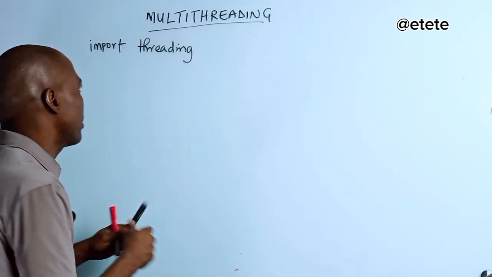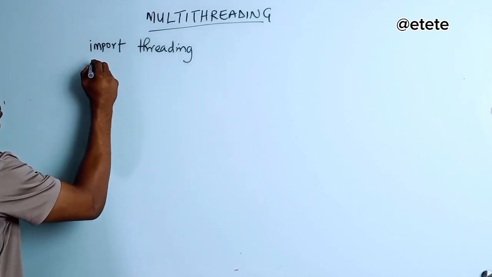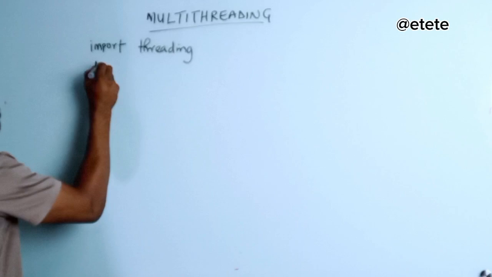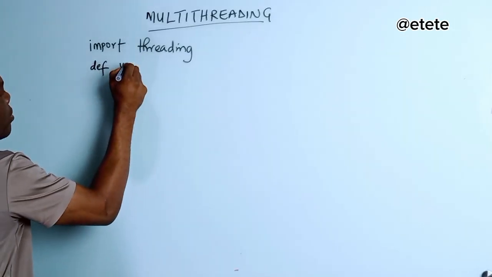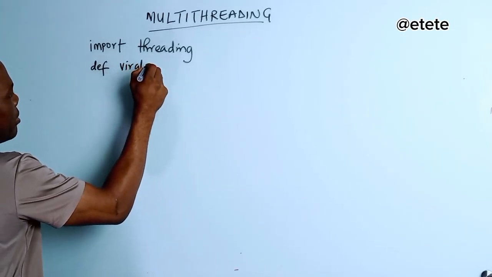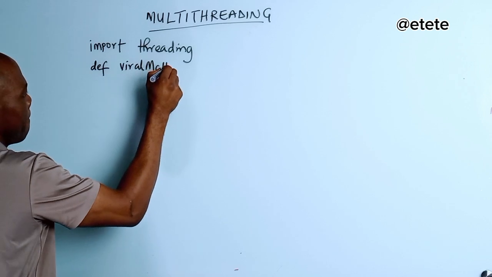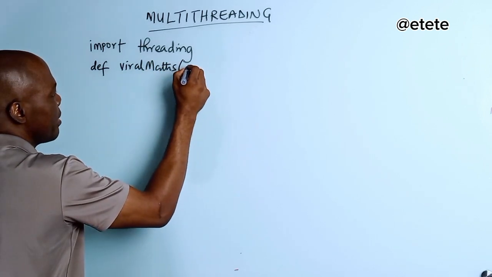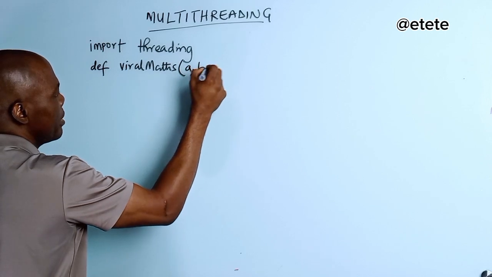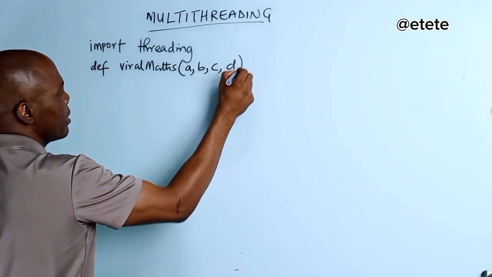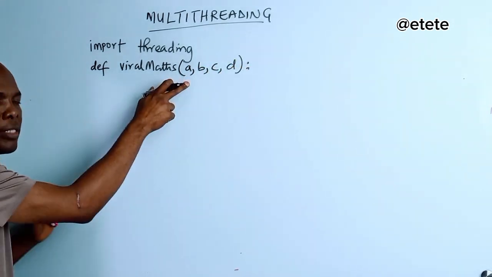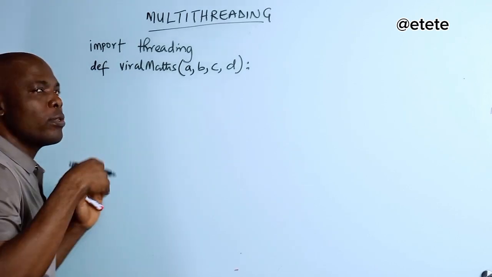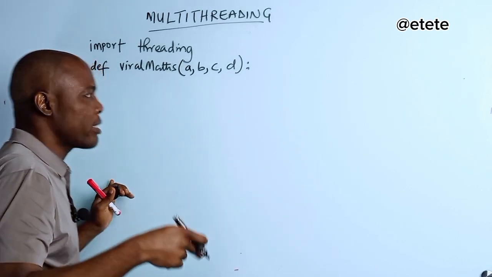task first. Now I'm going to create the task, which is simply a function. So def, then I'll call my var to calculate. This var is expecting A, B, C, D. So it is a function. Now inside this function, I want to print out who is performing the task.